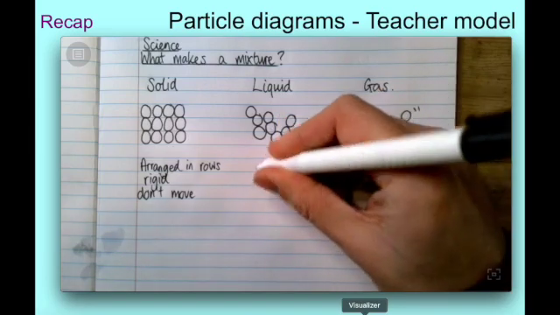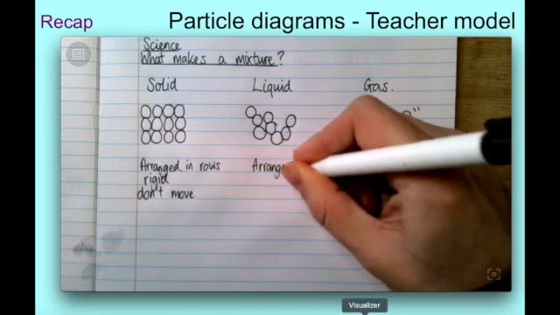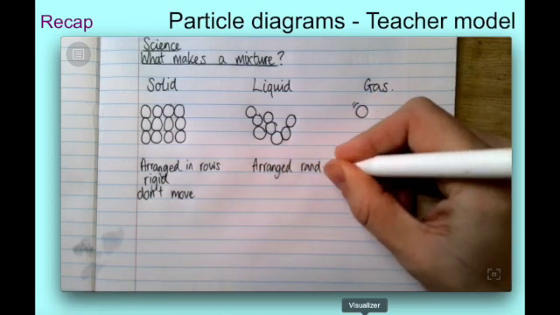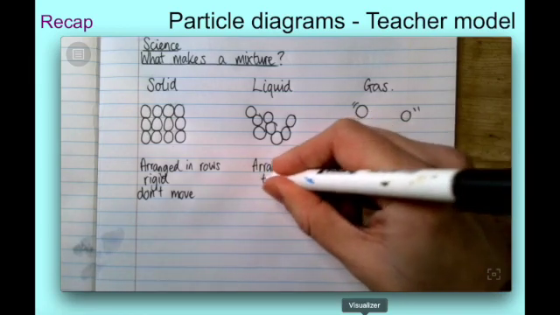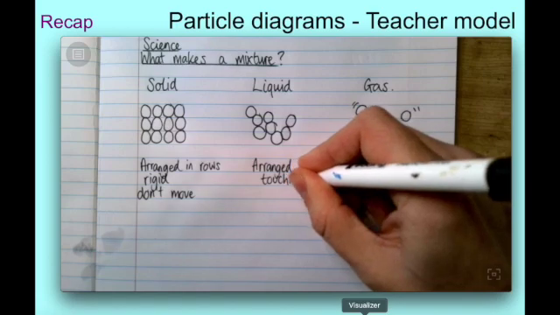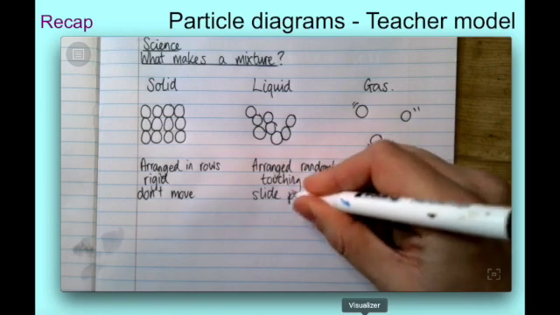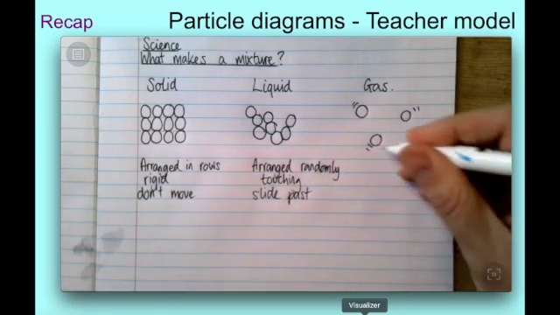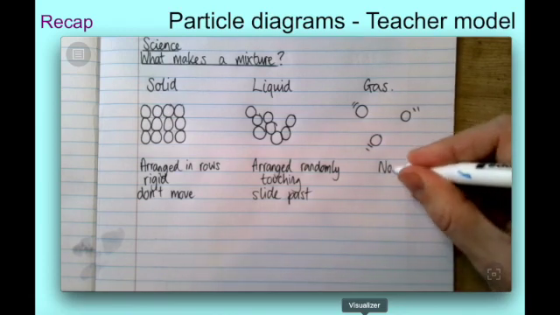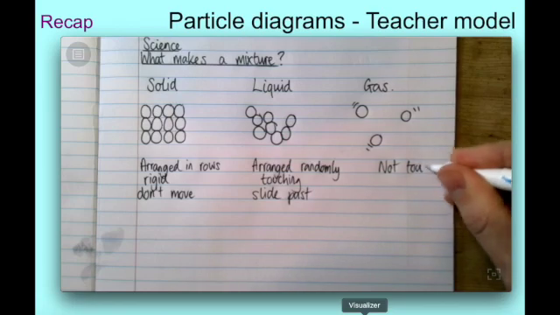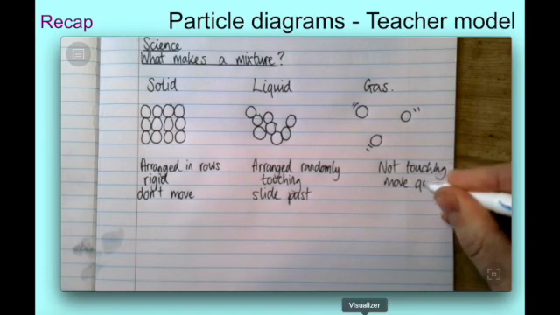Okay, in a liquid, arranged randomly, touching, and they can slide past each other. Okay, and in gas, they are not touching, and move quickly.